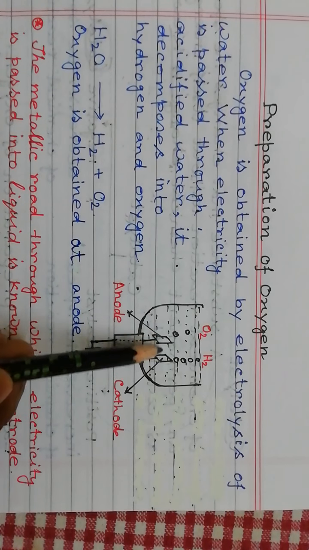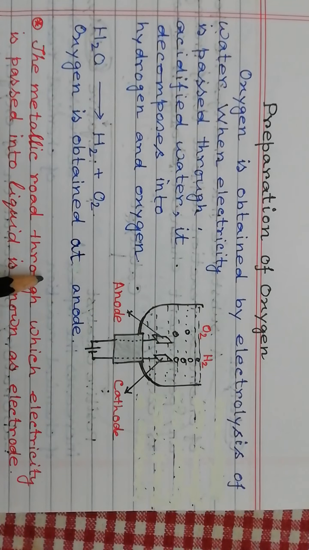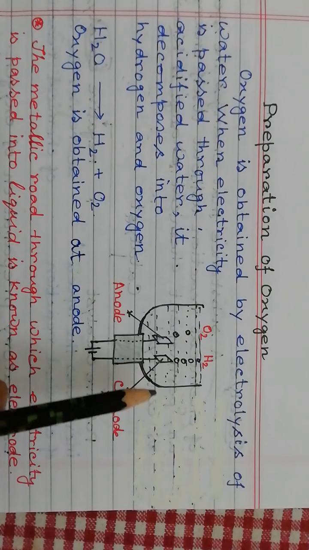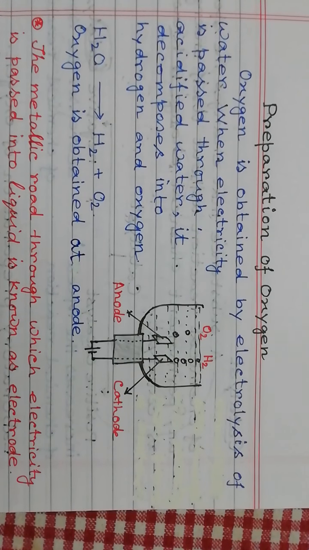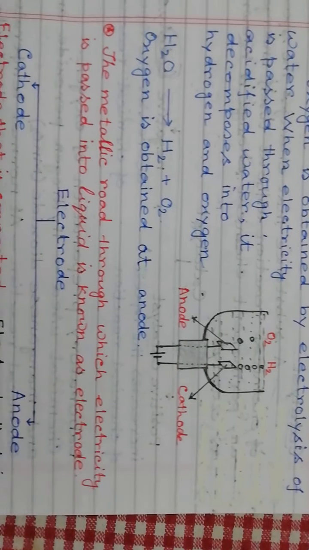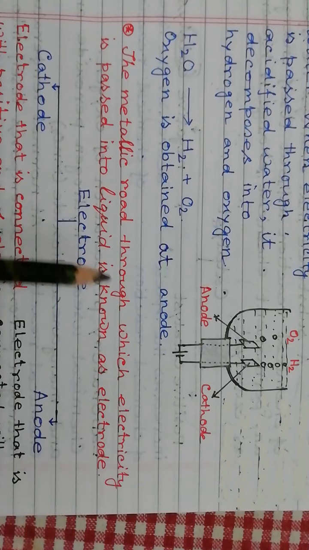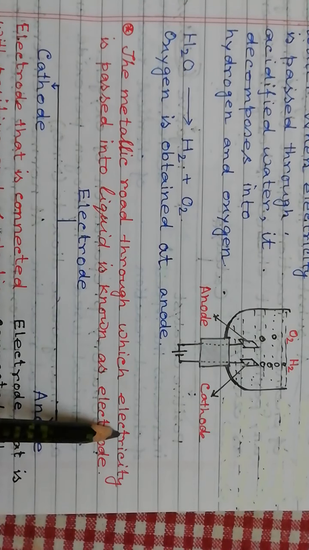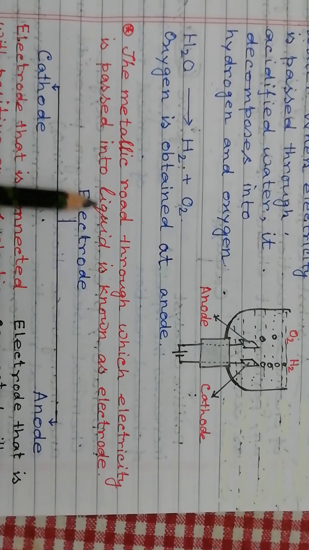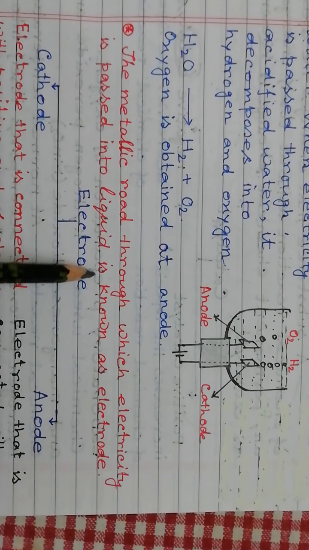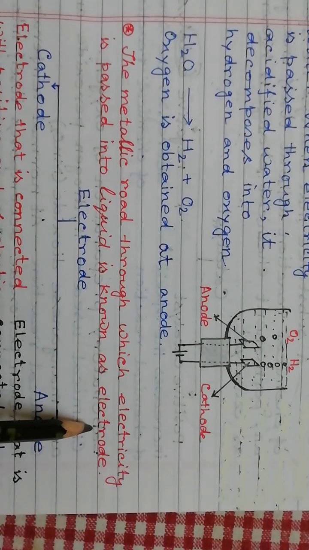These two metallic rods are known as electrodes. Here is the definition of electrodes: the metallic rod through which electricity is passed into a liquid is known as an electrode.